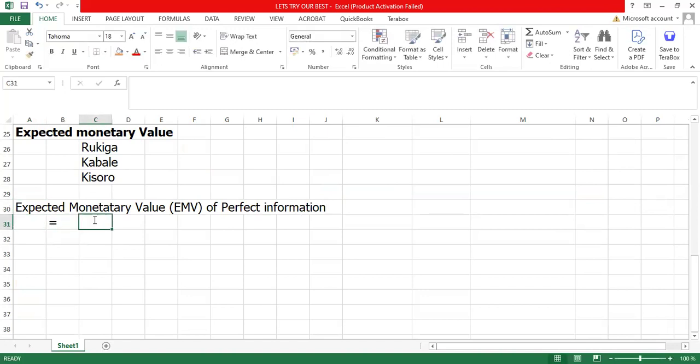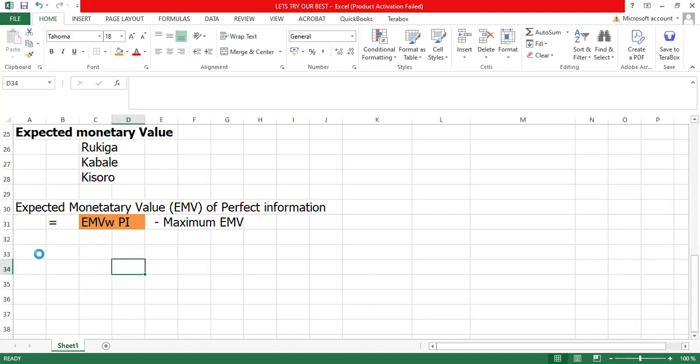We get the expected monetary value with perfect information, then we subtract the maximum expected monetary value. That is our formula. This stands for expected monetary value with perfect information.